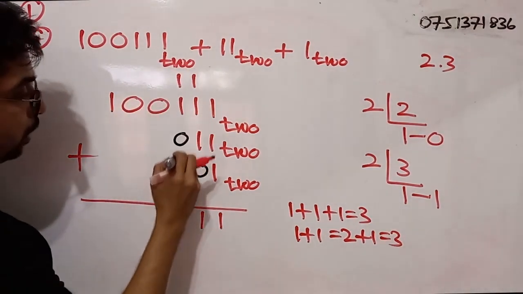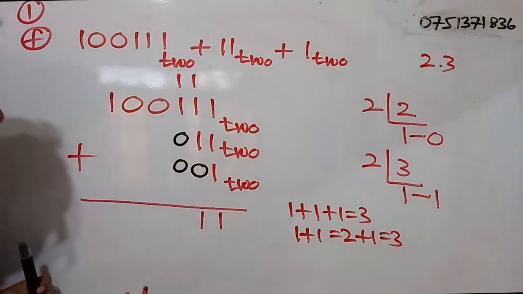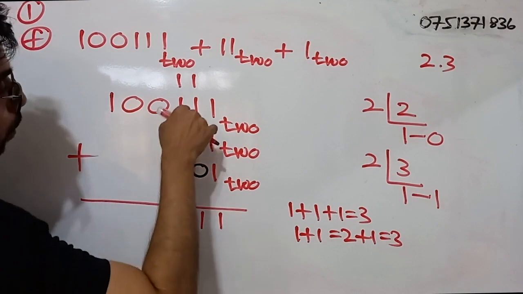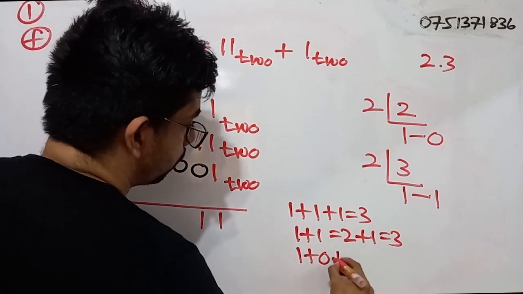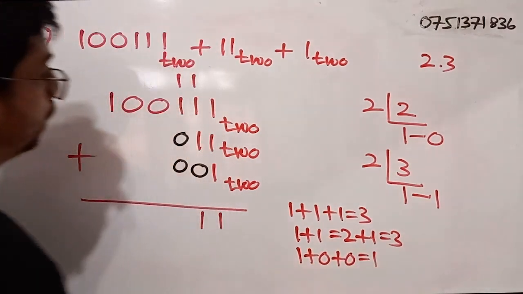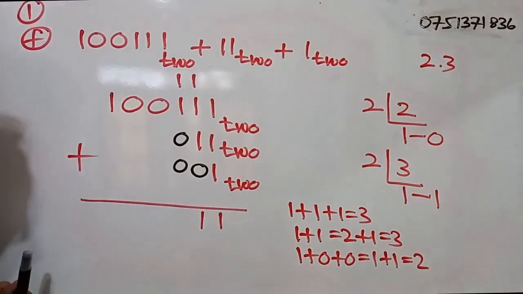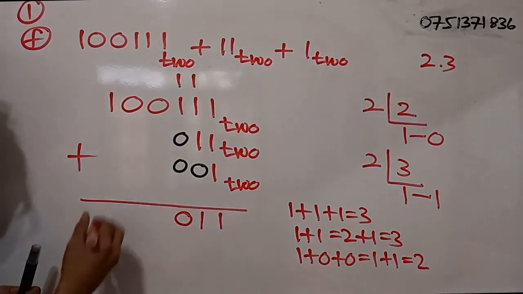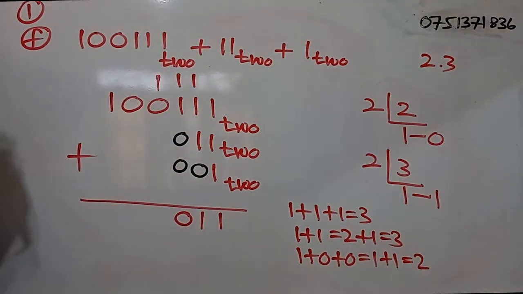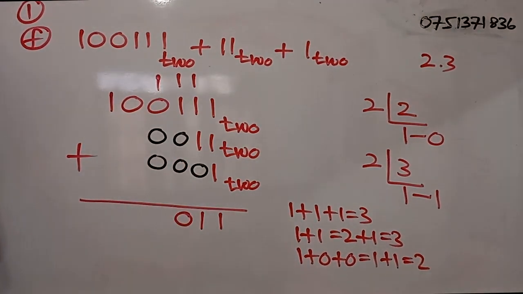So we will put 2 zeros here since there are no digits, right? So 1 plus 0 plus 0, that is 1. To that we add another 1, so it becomes a 2. Right? So we put 0, then push over the 1. So again here I will put zeros since there are no placeholders there, right?